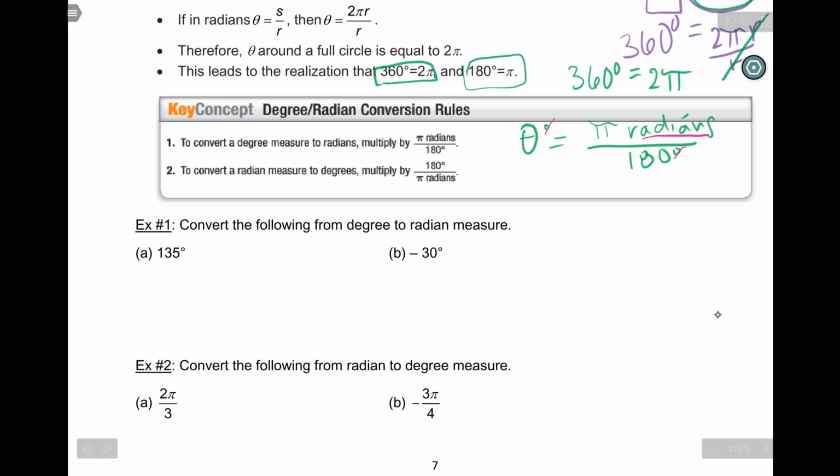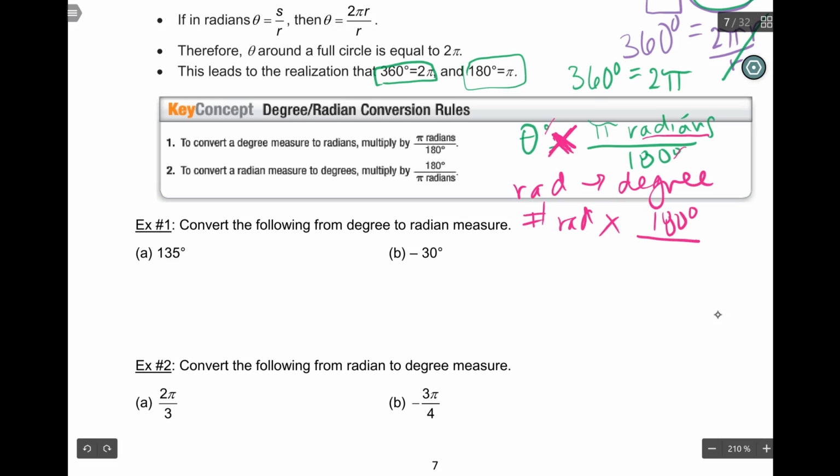Another way to think about this, you're actually going to multiply. If you want to go from radian to degree, you take the number of radians, multiply by 180 degrees, divided by pi radians.